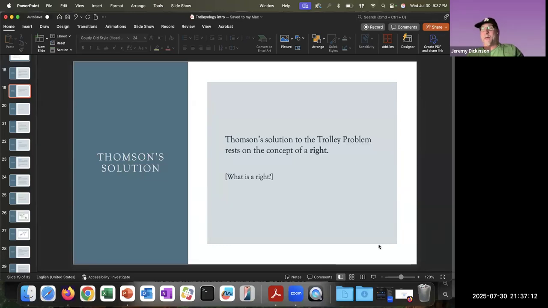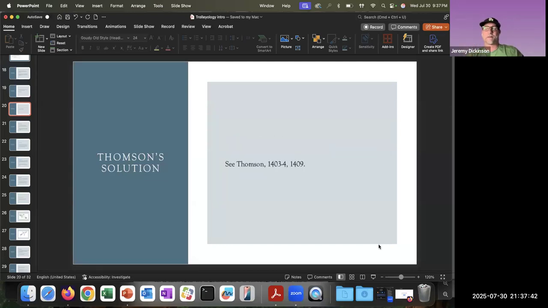In that case, it's belonging to a political community which provides the right and the corresponding duties, the right not to be interfered with as I attempt to express myself, so long as the person I'm trying to speak to is a willing listener, etc. We'll talk more about the right to free speech later in the course. So I'm just trying to give you a sense of rights. There's more that could be said.